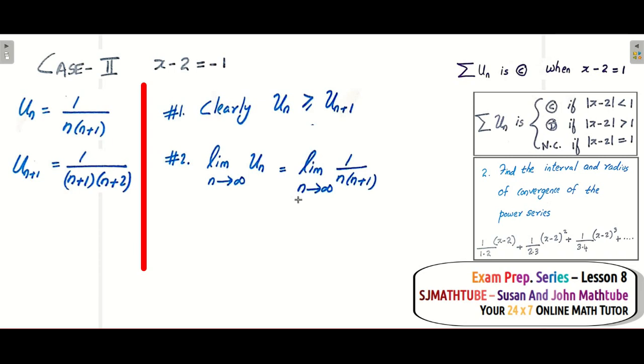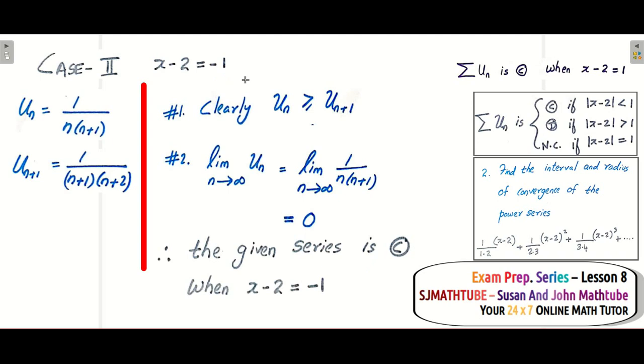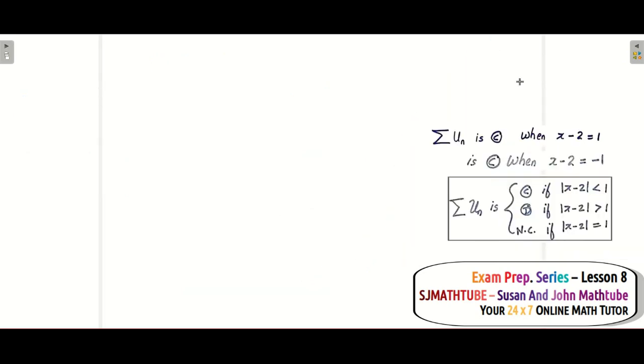And n tends to infinity, so it will be infinity times infinity plus 1 is infinity. That's going to be 0. Okay, so both the conditions are satisfied. And if both the conditions are satisfied, then the given series is convergent when x minus 2 is equal to minus 1. Okay, let's put it here and proceed.